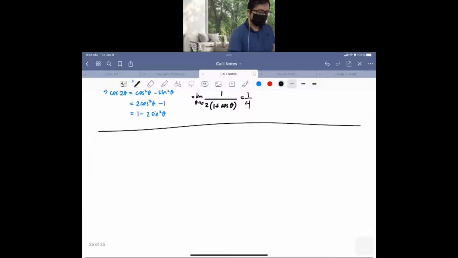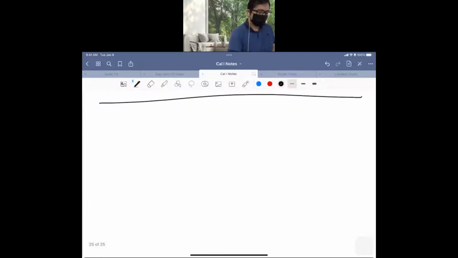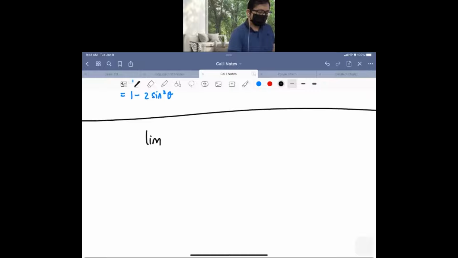Another note that I want to emphasize is another example, let's say a limit with the absolute value of x.